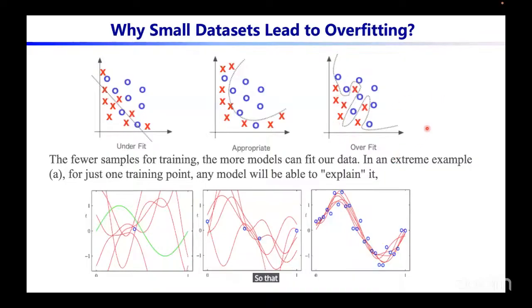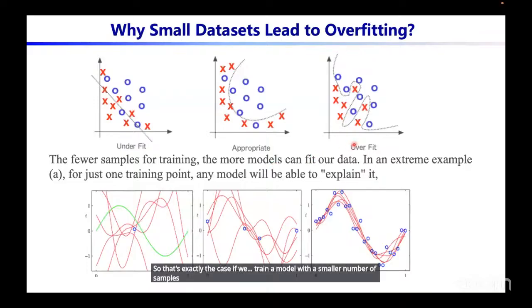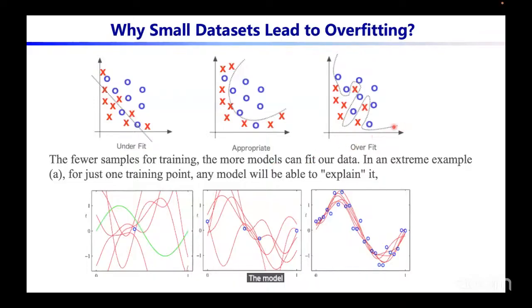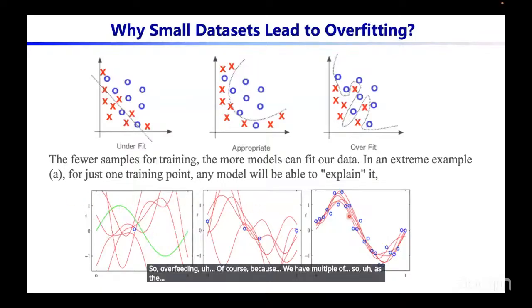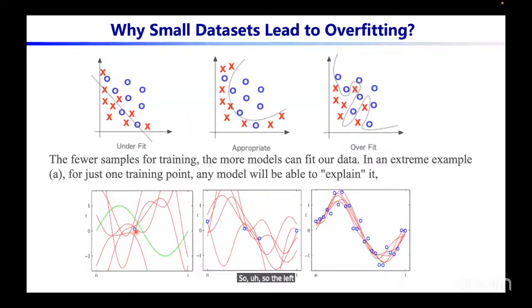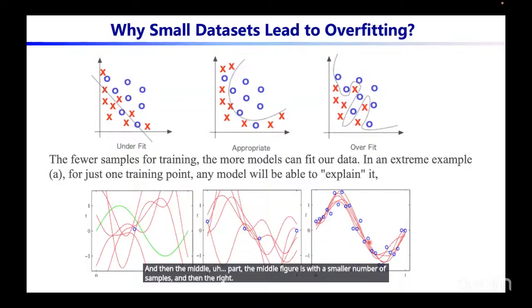So that's exactly the case if we train a model with a smaller number of samples. The model can simply overfit the data. So overfitting occurs because of the situation shown in the three figures below. The left side is only with one sample, the middle figure is with a smaller number of samples, and then the right side with a high number of samples.